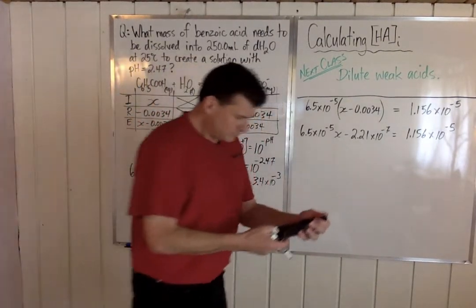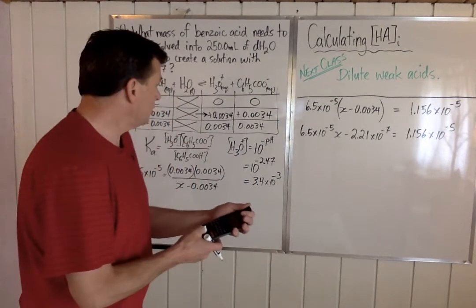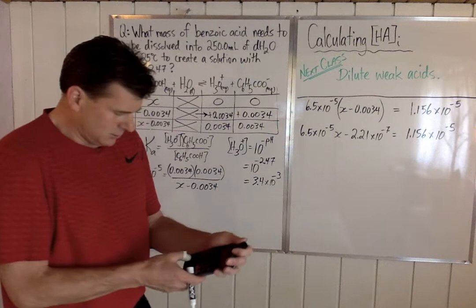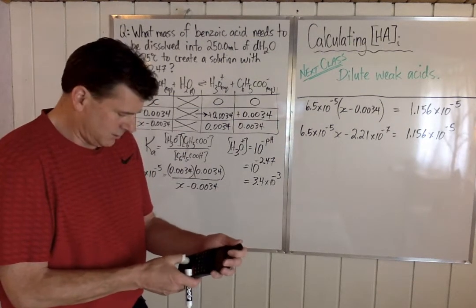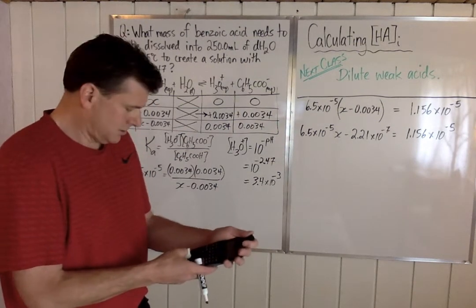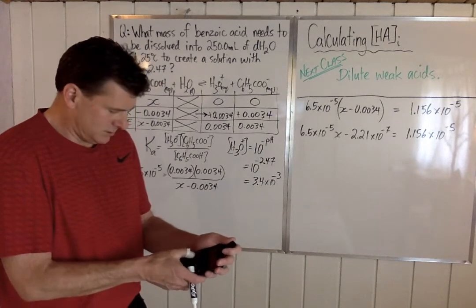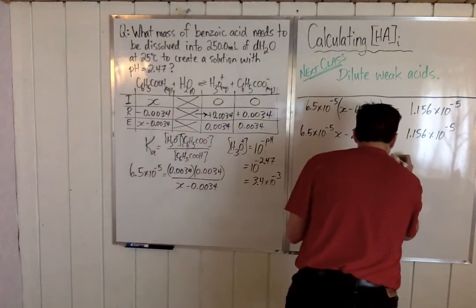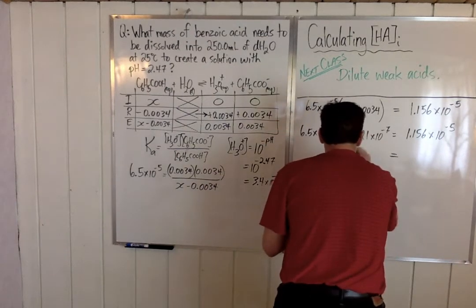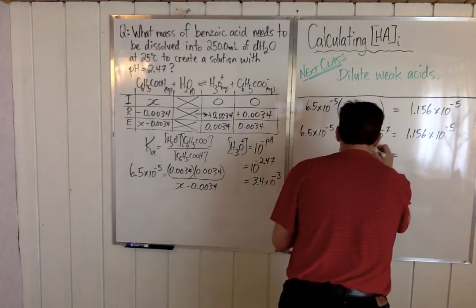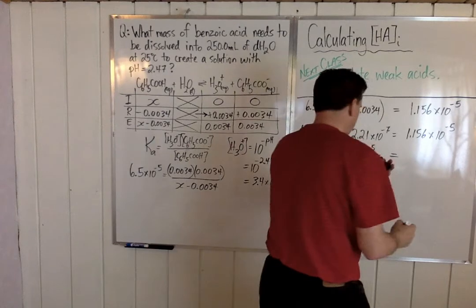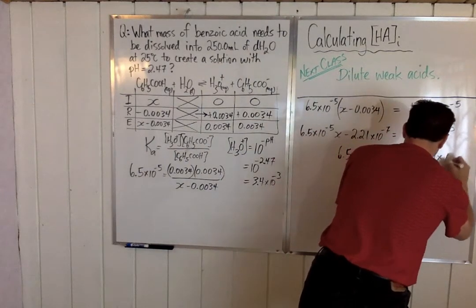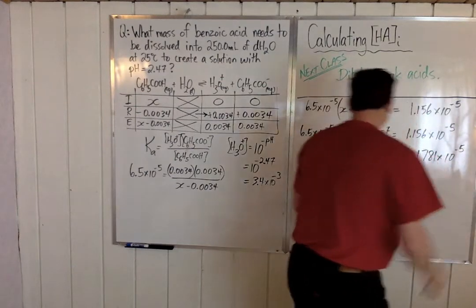So now I add 2.21 times 10 to the negative 7 plus 1.156 exponent negative 5 equals, so 6.5 times 10 to the negative 5 x equals 1.1781 times 10 to the negative 5.